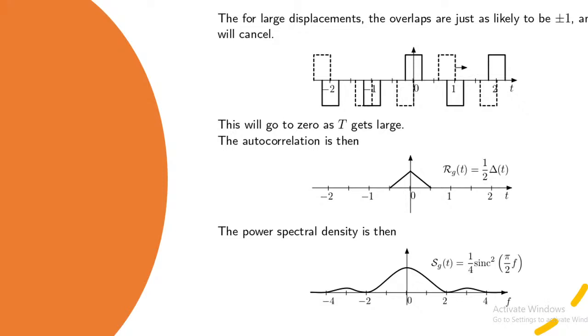Only one gate function remains around 0, others will be cancelled out. As T gets larger, everything goes to 0, excluding the one at T equal to 0. That will remain, and its autocorrelation is a triangular function. The power spectral density is the same as the previous one, so it will be like the energy spectral density in this case. Next.